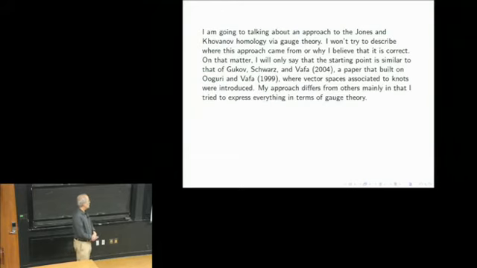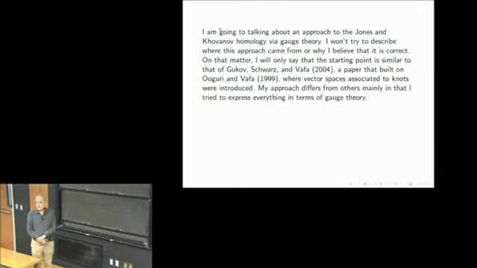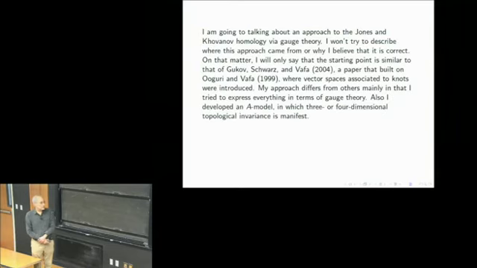My approach differs mainly in that I try to express everything in terms of gauge theory, partly because I wanted to understand the relationship to the usual gauge theory approach to the Jones polynomial via Chern-Simons theory. But also I wanted 3- and 4-dimensional topological invariants to be manifest rather than being verified by checking generators and relations.